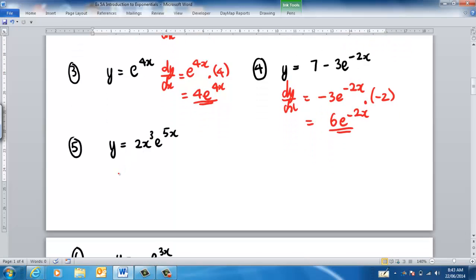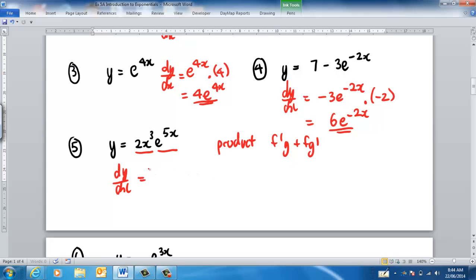The next thing that we're going to do over here is dy dx for this one here. Now you identify we've got one function here and then we've got another function there. So we're going to have to use the product rule here. And remember that was f dash g plus f g dash.